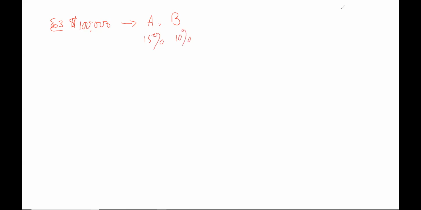This is 10%, right? So there's a risk, but let's say we invest X into the first stock, then the rest will go to what? Go to B, do you agree? But you don't want X to be greater than 50,000. So you want this to be less than 50,000, okay? So this is the condition of the question.